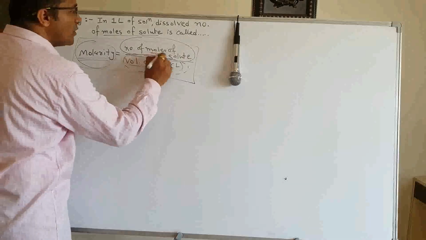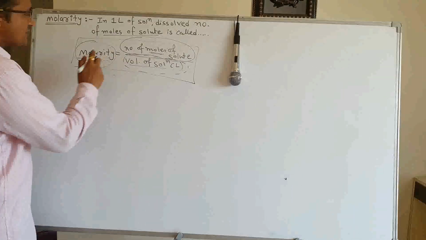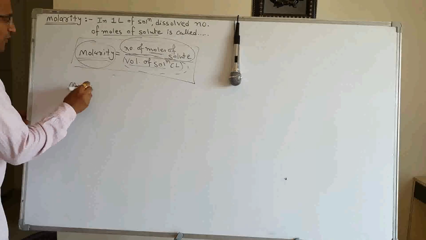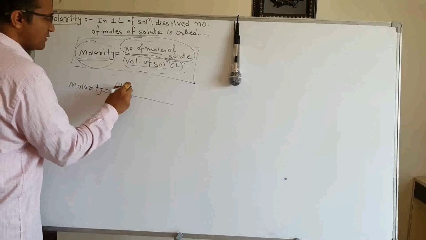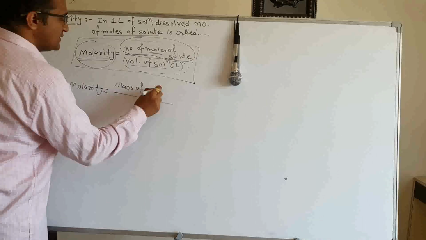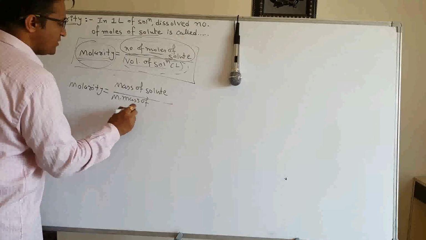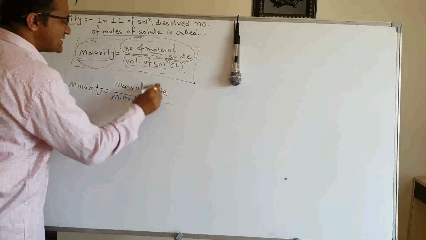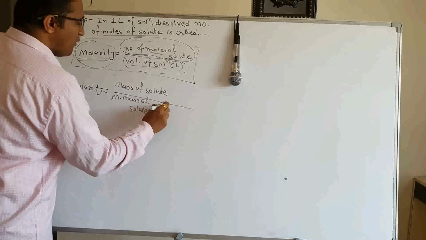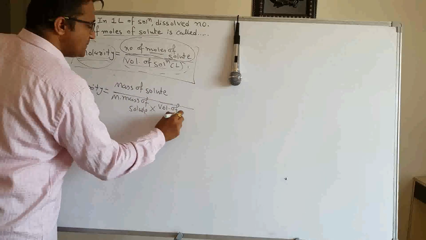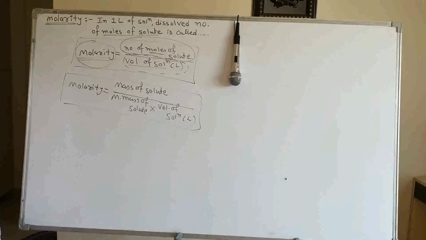Now we know that number of moles means mass upon molecular mass. So another formula is formed, and this one is the basic formula: mass of solute divided by molecular mass of solute. So this division is known as number of moles, and in the denominator volume of solution in liter is present. So this one is the most basic formula.